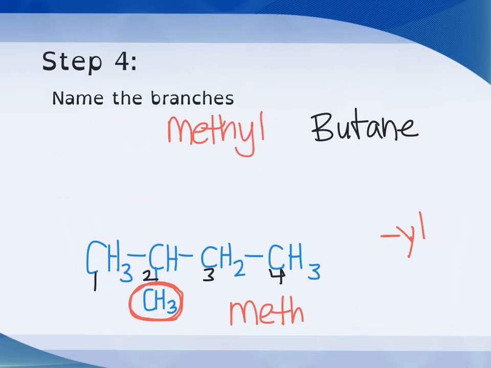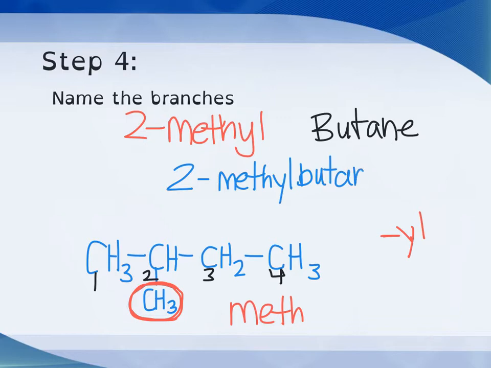It's a methyl butane, but we need to tell the reader what carbon number the methyl is on. So in this case, it is a 2-methyl butane. It looks like it's 2 words, but it is not. It is 2-methylbutane. And it would only be capitalized if it's the start of a sentence.